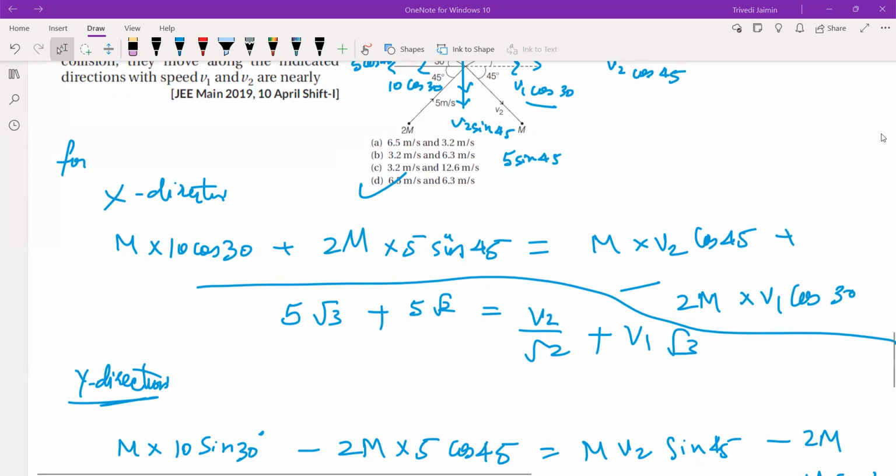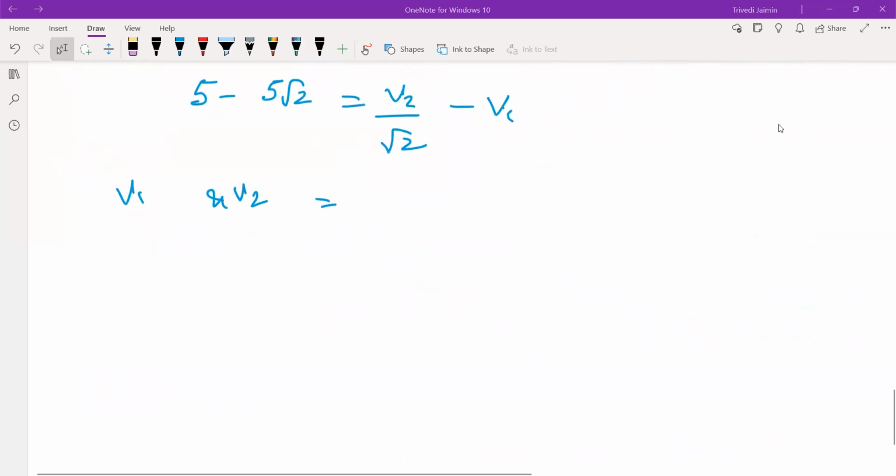Let's solve the next question. If you understood, then solve the next question.